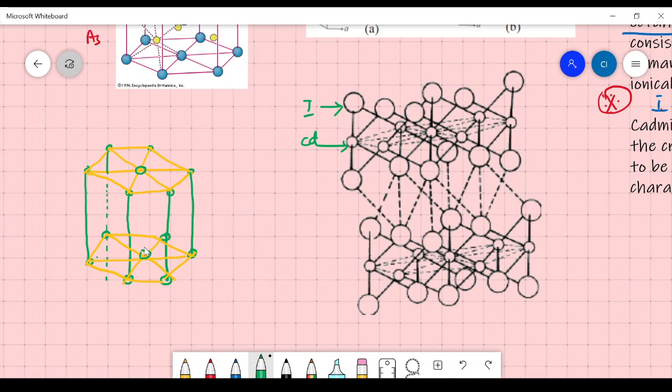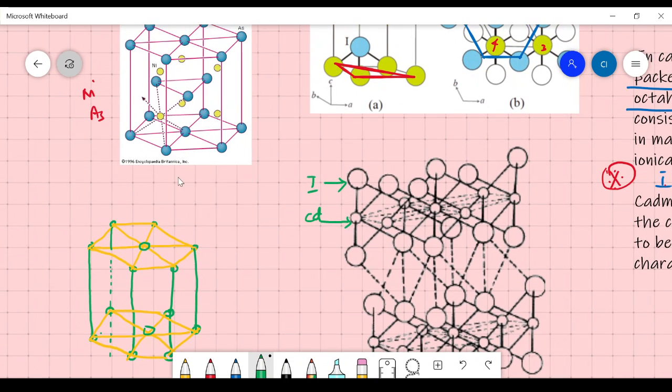Okay, so now you can see that there is a structure like this. Now this structure is quite similar to this structure, but this one is nickel arsenide, and this one is cadmium iodide. And here we saw how these things are connected.